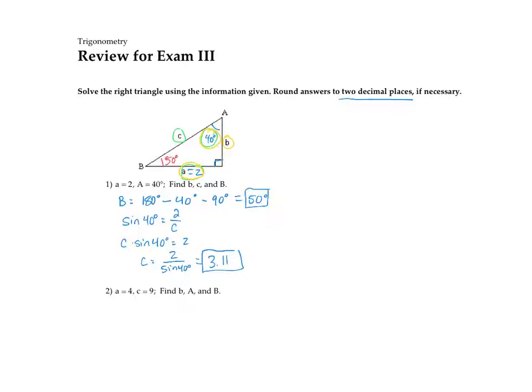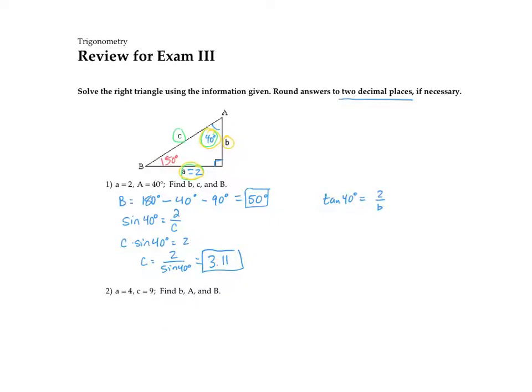In fact, that's tangent, because you can write tangent as opposite over adjacent. So tangent of 40 degrees is equal to 2 over b, because 2 is opposite to 40, over the adjacent side, b.